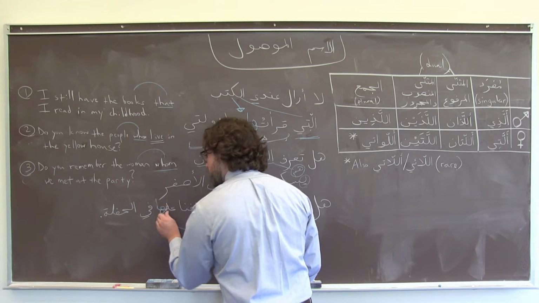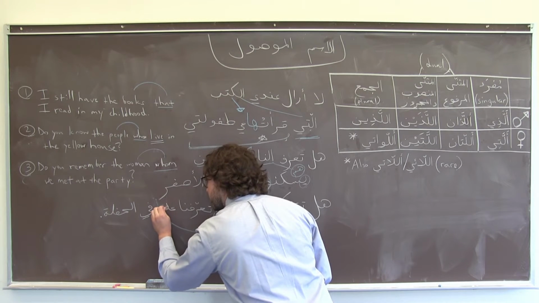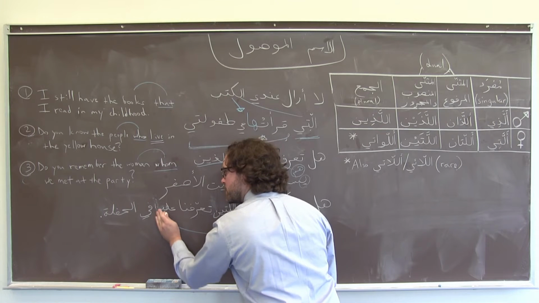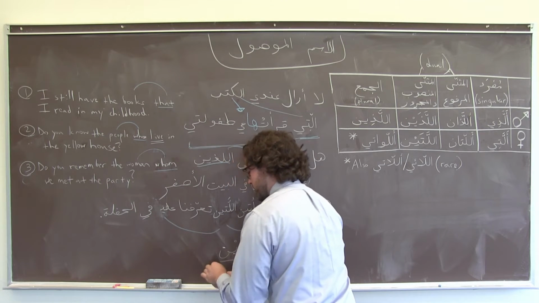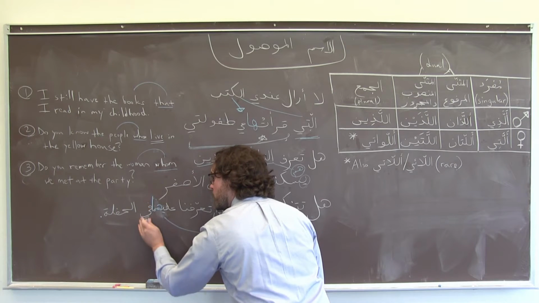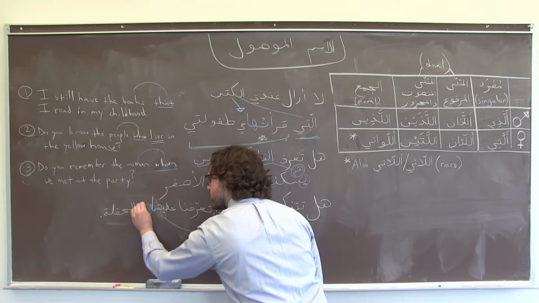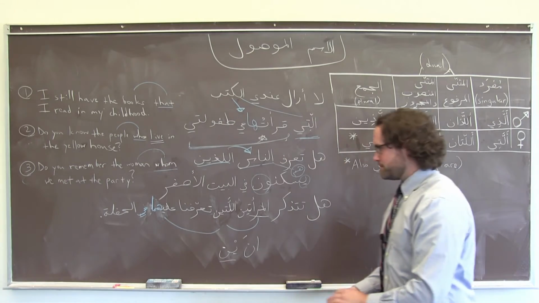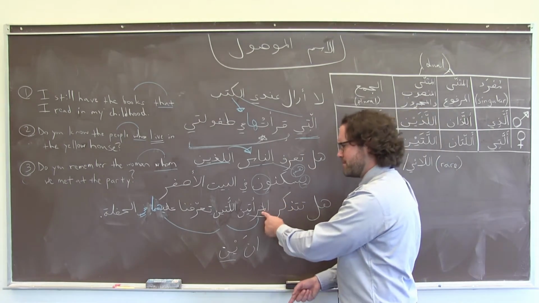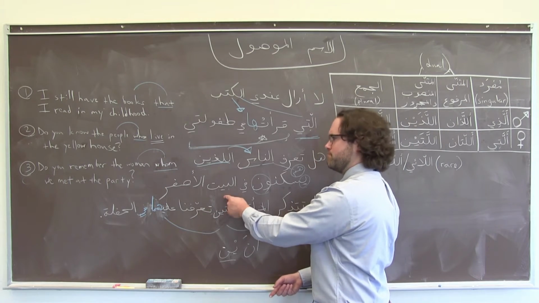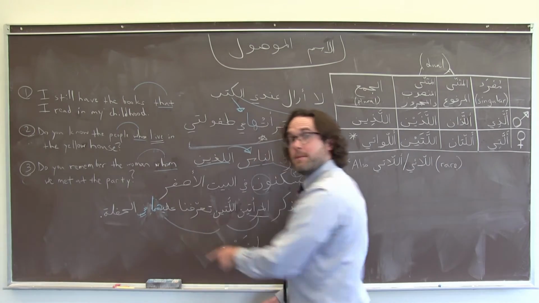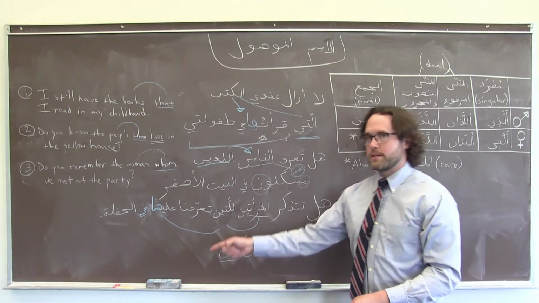Oops, I forgot my ya there. It would be عليها in the singular with a ya, but here we're talking about two of them, exactly two. So we would replace it with هما في الحفلة. So a very specific way to refer to the two women that dual feminine, we met them, the two of them, dual feminine, in the party.